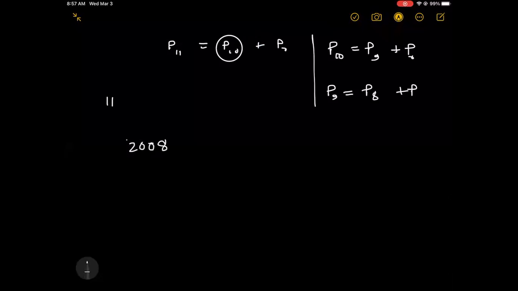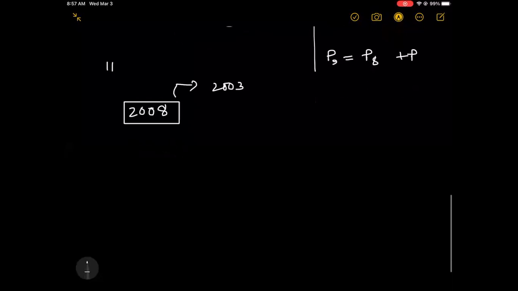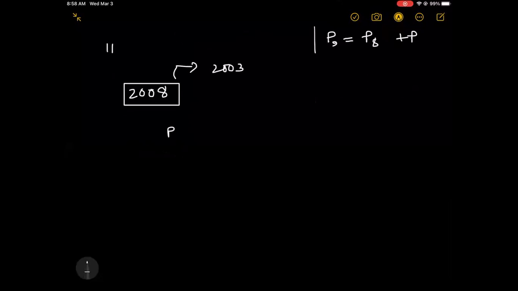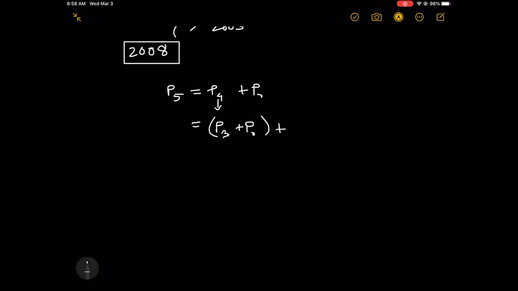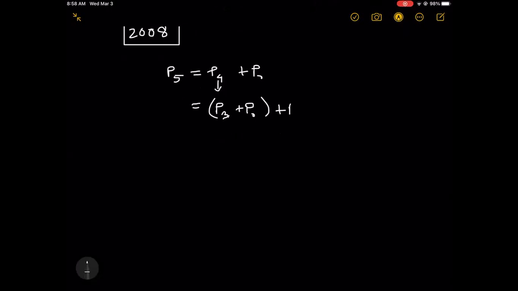So let's see what will happen in the year 2008. Okay, we started from 2003. So we'll have 5 years to calculate. So we need to have P4. And for P4, we need to have P3. For P3, we'll need P2.